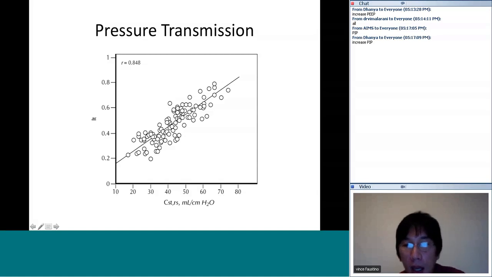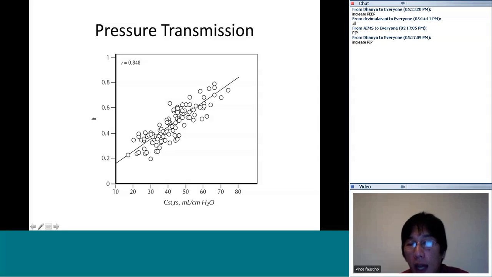So going back to the case, if that patient has very good lungs, meaning no lung disease prior to coming into surgery, then if you give a PEEP of 5, with a very good lung compliance, most probably 100% of that pressure is going to get transmitted to the intravascular structures.